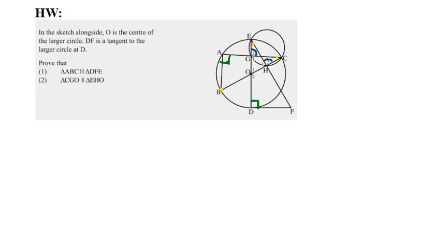So the two triangles to focus on here are triangle ABC, which is a right angle triangle, I hope you note that, and triangle DFE, which is also a right angle triangle. And just like that, look at what I've done.